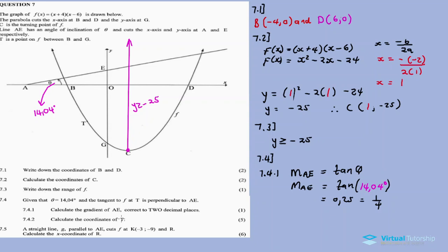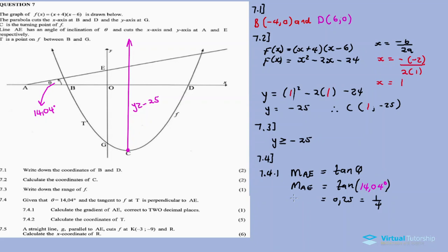7.4.2: calculate the coordinates of T. Remember, we are given theta as 14.04 and the tangent to f at T is perpendicular to AE. We want the coordinates of T. In order to get the coordinates of T, I also need the equation of the tangent.